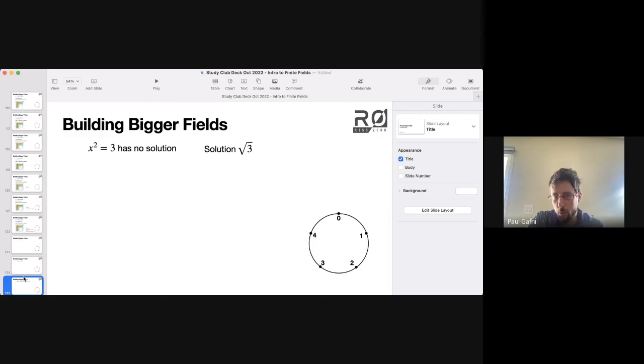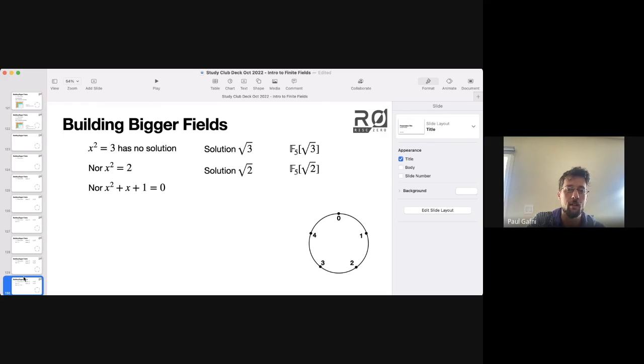We named the solution, and then we built an extension field using that solution. I could take some other equation that doesn't have a solution and name the solution and build another extension field by including that element. Or I could take some other equation and build an extension field in terms of that element.